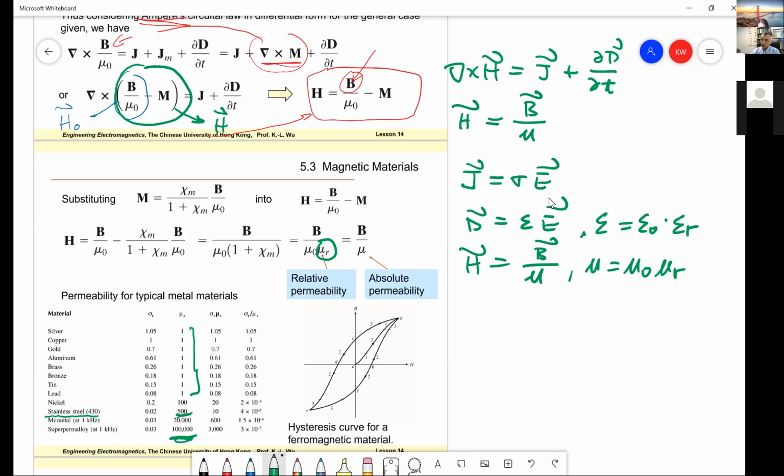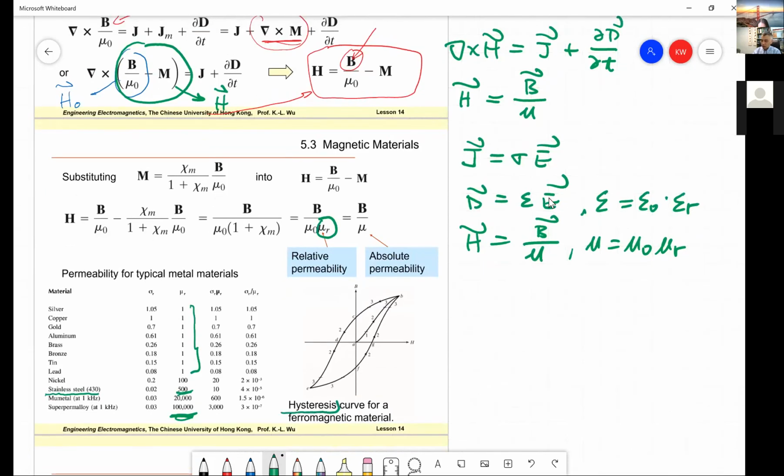Using floppy disks, people use a very important property. What is that property? We call it hysteresis. What does hysteresis mean? Okay, let's look at this curve. That is a hysteresis curve for ferromagnetic material.